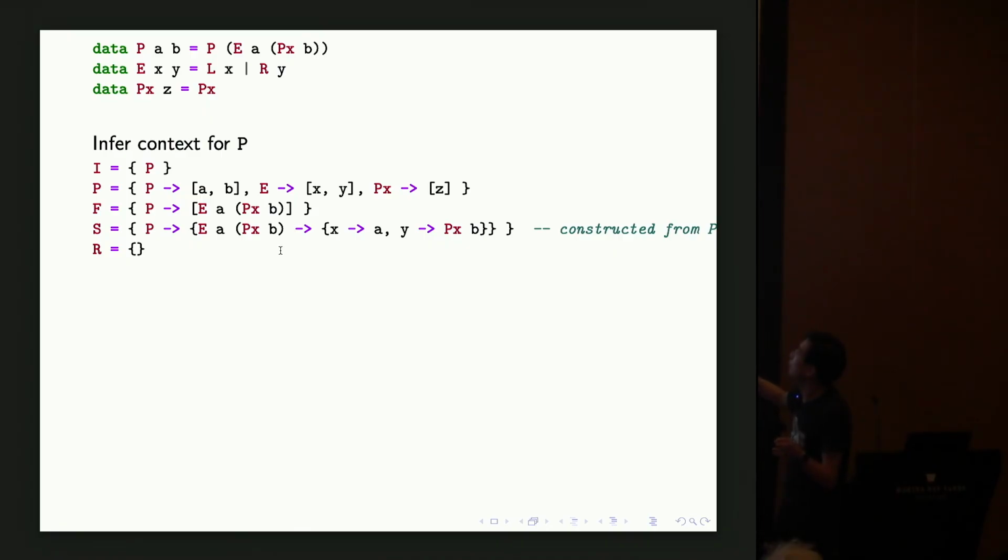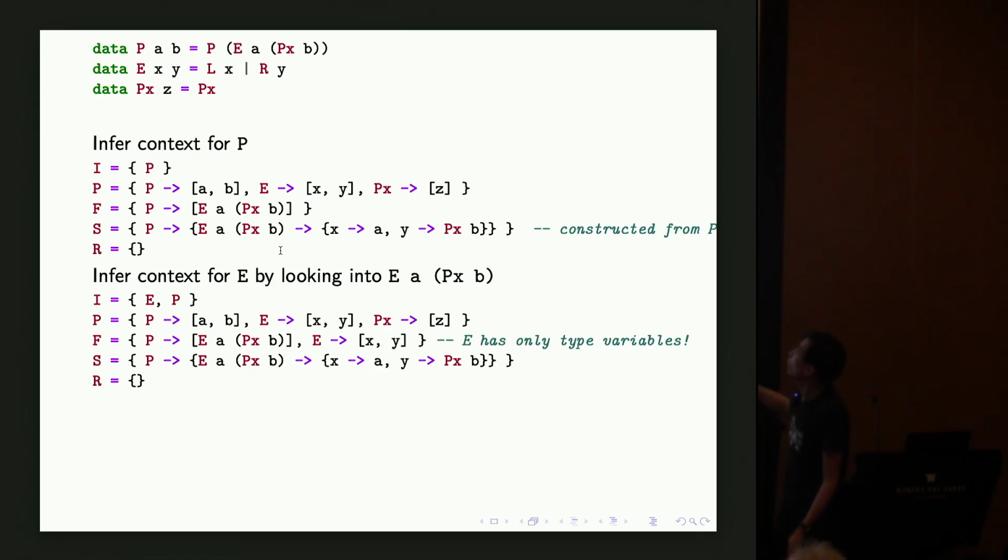The goal is to eliminate E and to look into this type and this type. And we construct a substitution, and this substitution is constructed from P because in this E, this type A is from X, and this PXB is from this Y. So we construct this kind of substitution here.